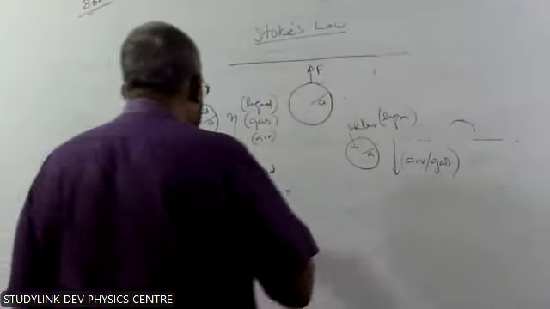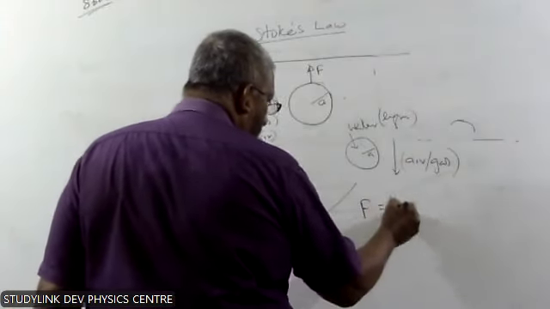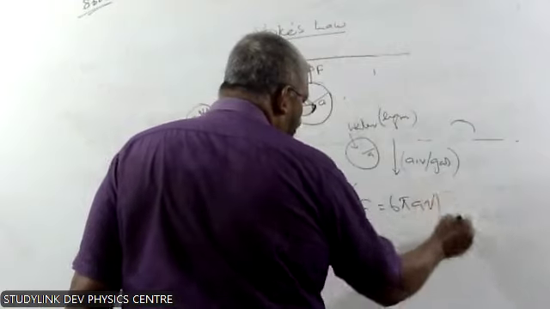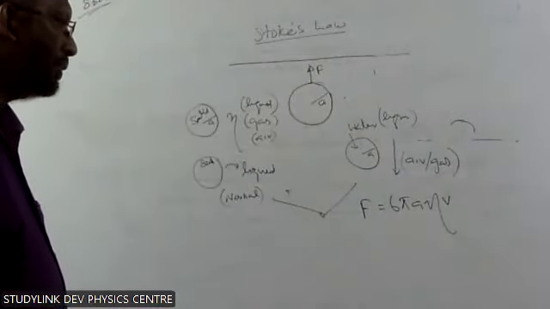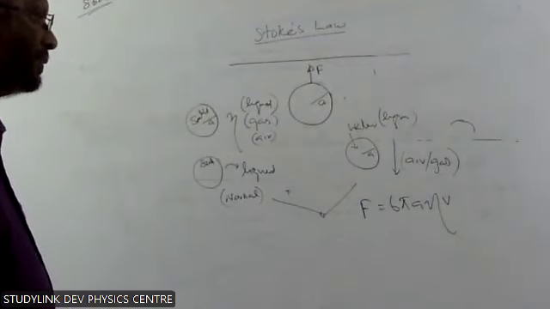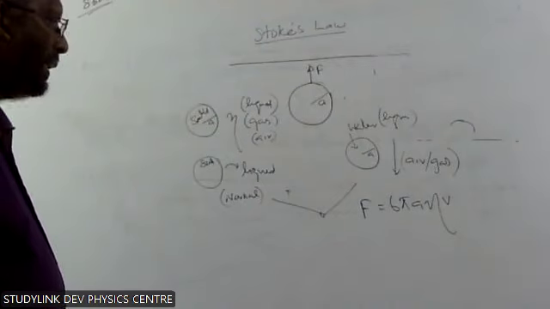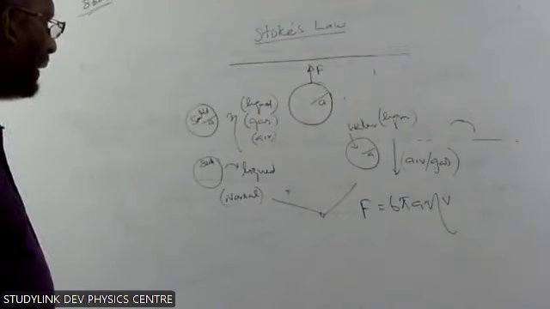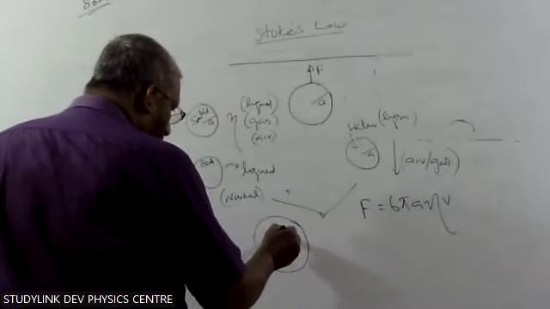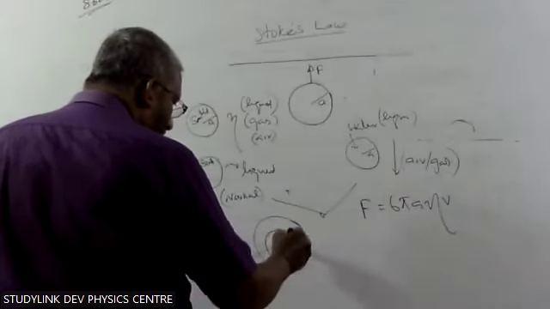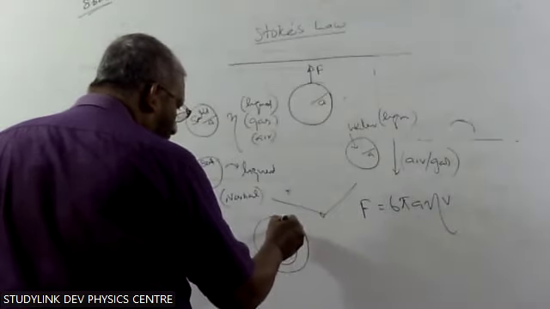Even that viscous force we can use for both situations. F equals 6 pi A eta V. Got it? Then we can apply this. Even if it is a hollow sphere, then this is A1, this is A2.